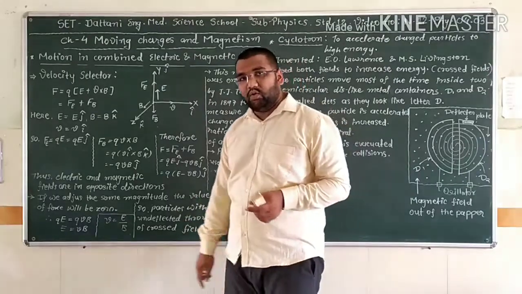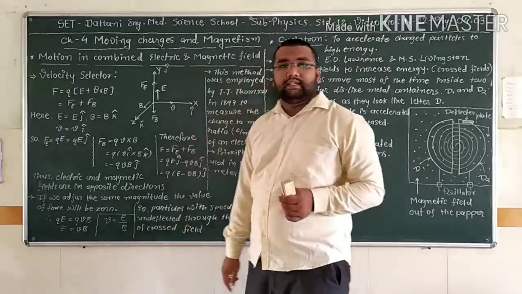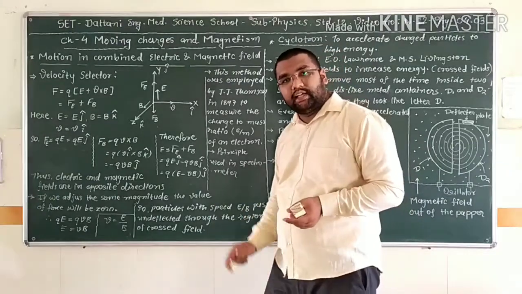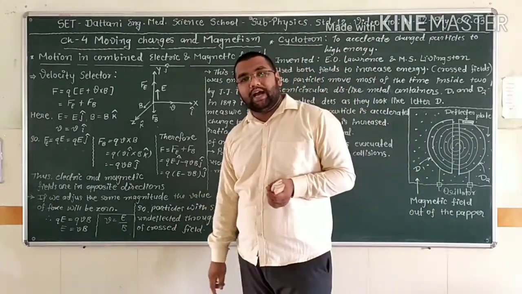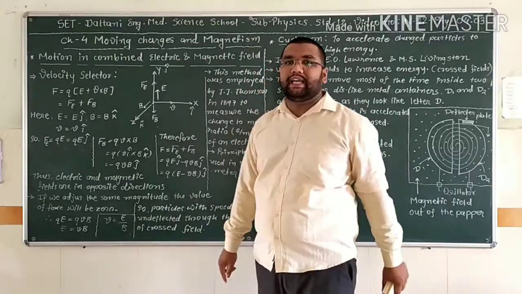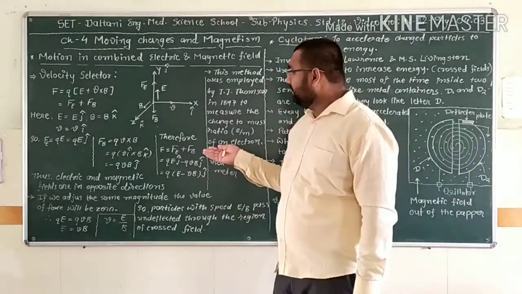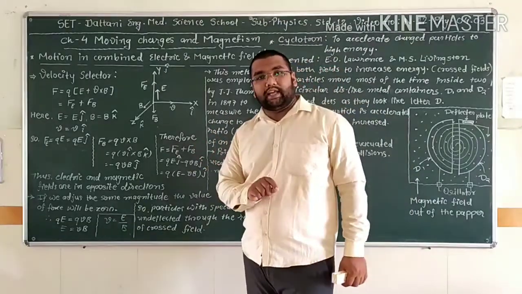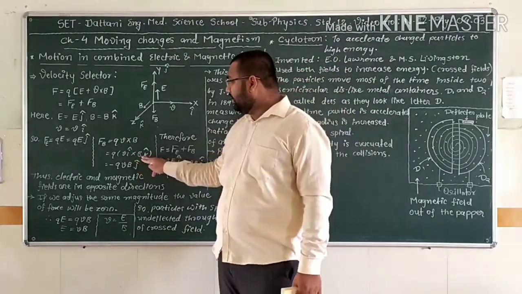As we have learned in our standard 11, i cross j equals k caret, j cross k equals i, and k cross i equals j. But here we have it inverted. It is not k cross i, but here it is i cross k.